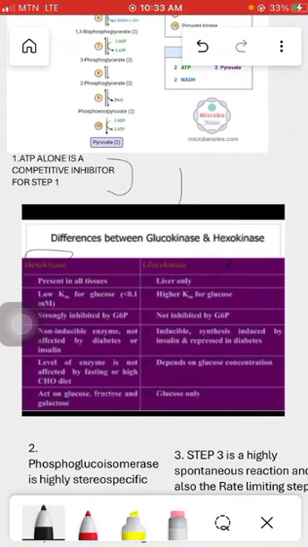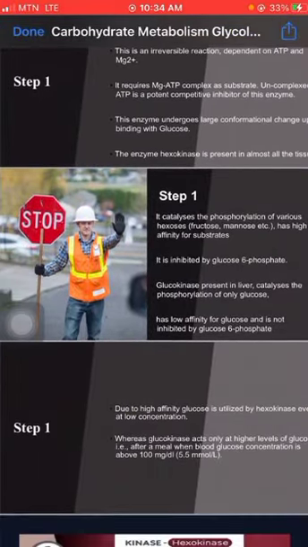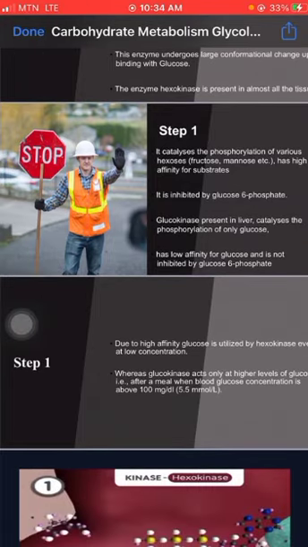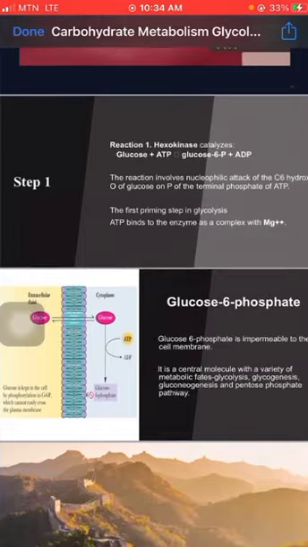But when there is more glucose in the body, glucokinase will also catalyze some of the first step. Hope you understand. Yes, so these are some of the differences between hexokinase and glucokinase. So that will be all for step 1. So let's move to step 2.